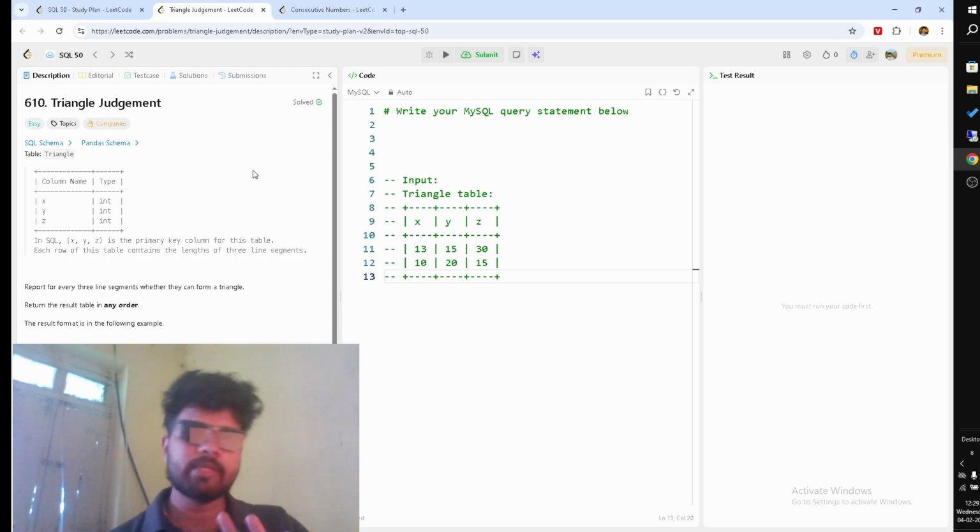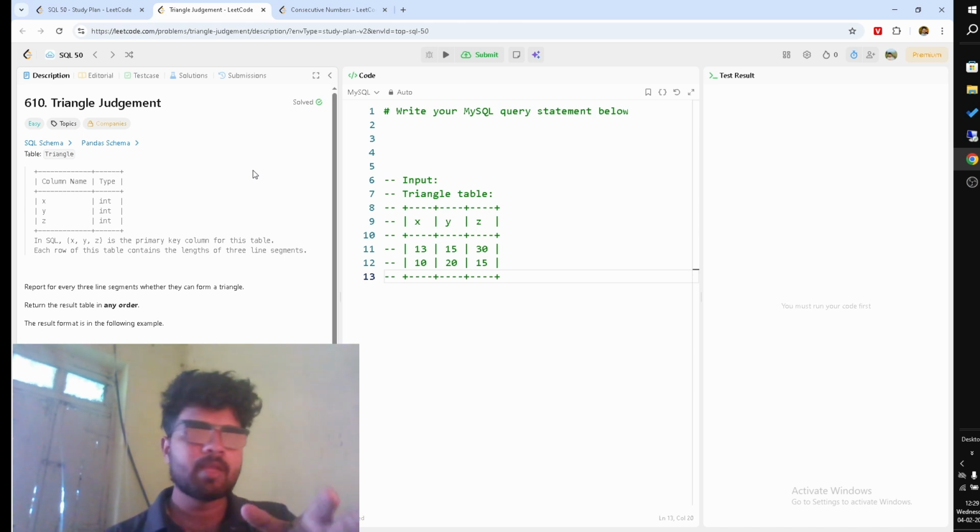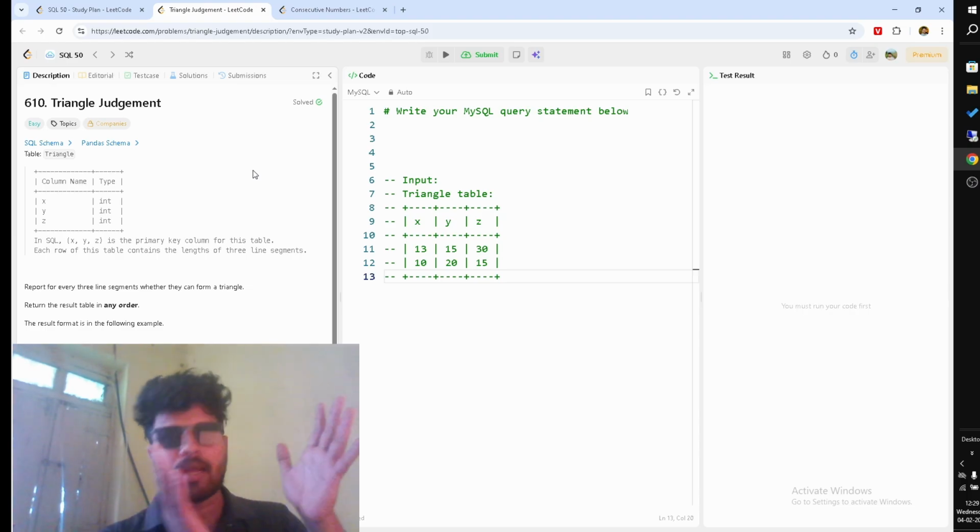But we need to know one thing. There are two parts to this problem. First part is to understand the problem statement, and the second part is to convert that problem statement into the required information, and from that information build the queries, convert it into SQL queries, and solve the question.